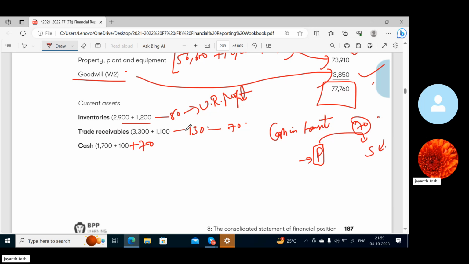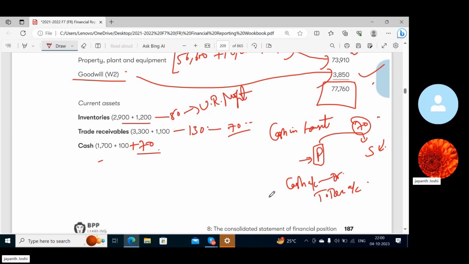Because it's like one company now. So we will remove this 70 and add cash. The entry would be cash account debit, because money is added, and credit to the receivables account.